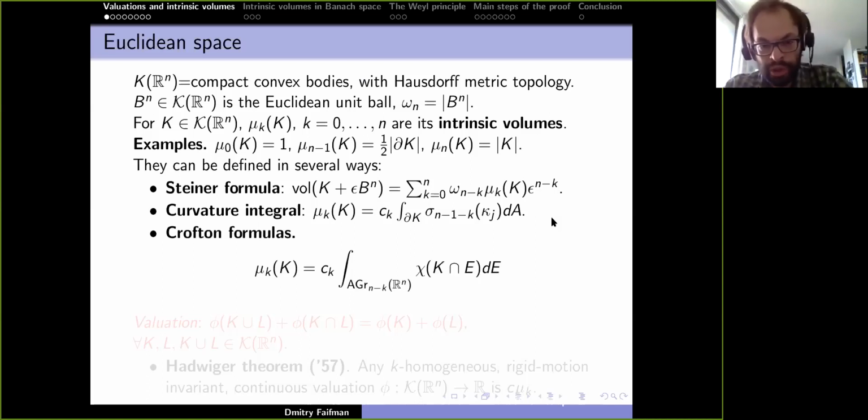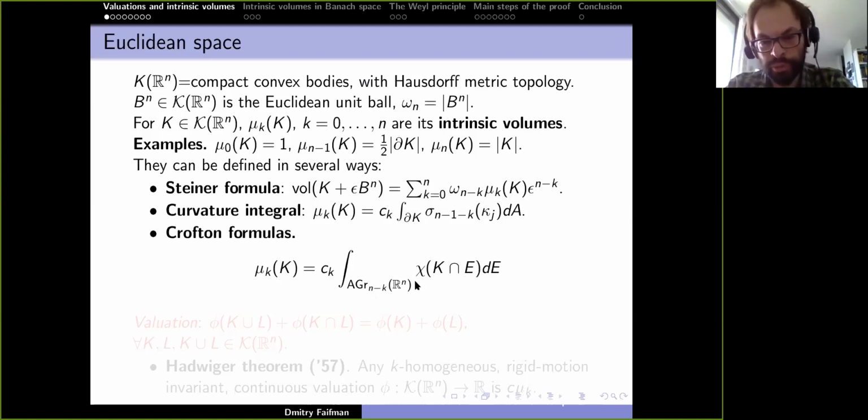Okay, from a different perspective, an integral geometric perspective, you can define intrinsic volumes by Crofton formulas. What are those? Well, you consider the affine Grassmannian of all n-k dimensional affine planes, denoted E. You intersect them with K, and you take the Euler characteristic of that.